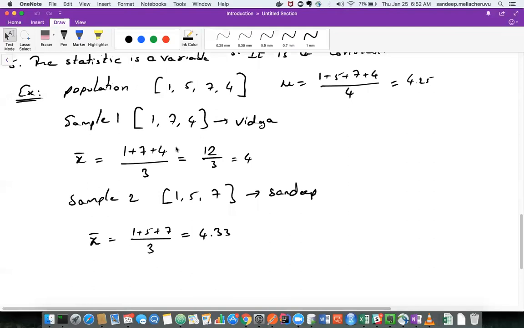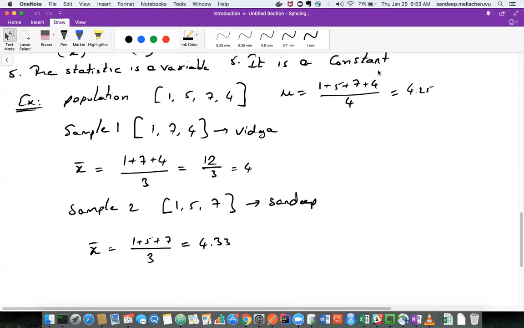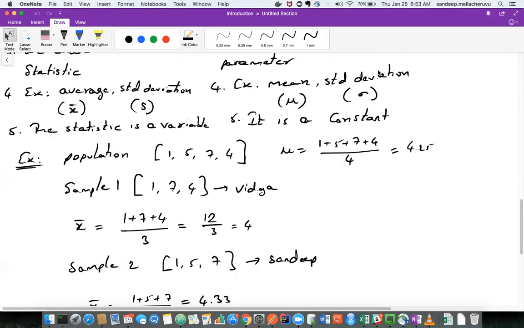And the statistic is always changing because the underlying sample is changing. Be very clear on this variable and constant part, because I'm going to use it. It's not something hanging like that. Tomorrow I'm going to use it.